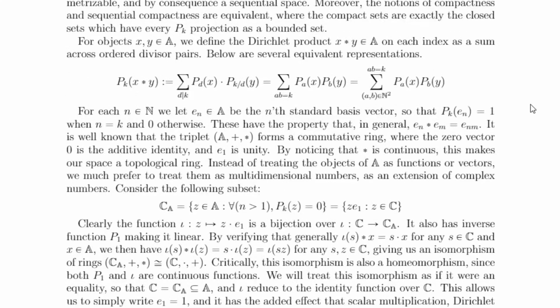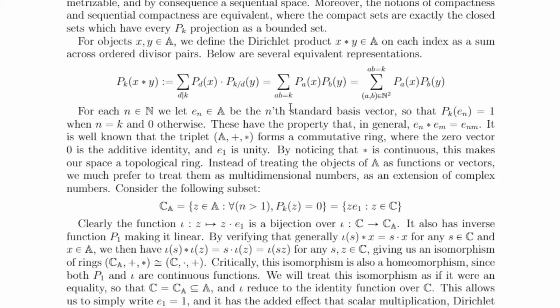One of the interesting properties: because we're in something like a vector space, we want to be able to talk about the standard basis vectors sometimes. So for each index n as a natural number, we'll let e sub n be an object in A, so we'll have a sequence of these e sub n's.